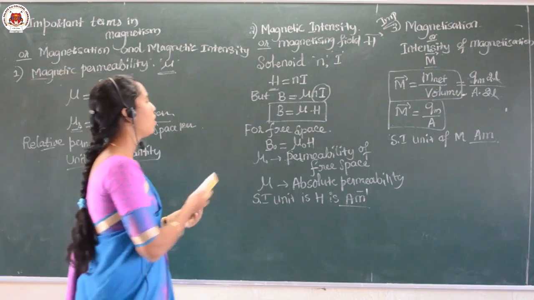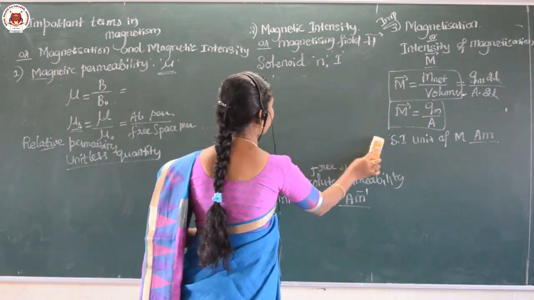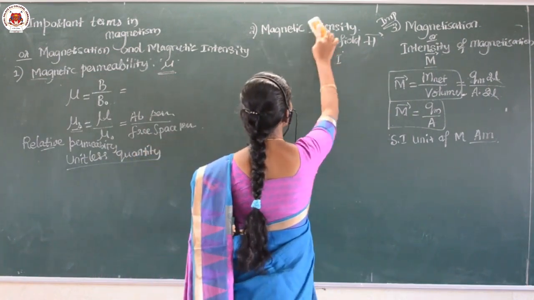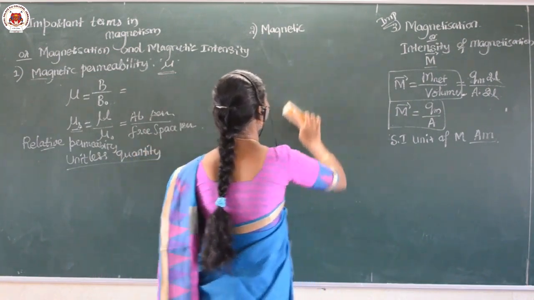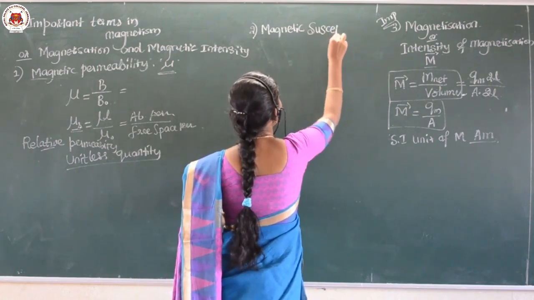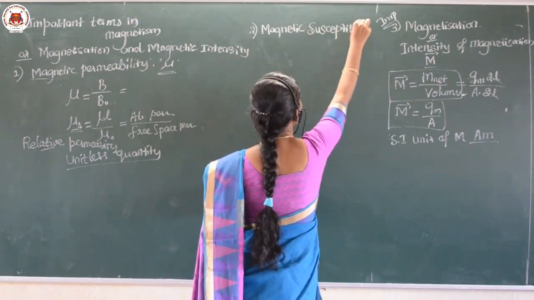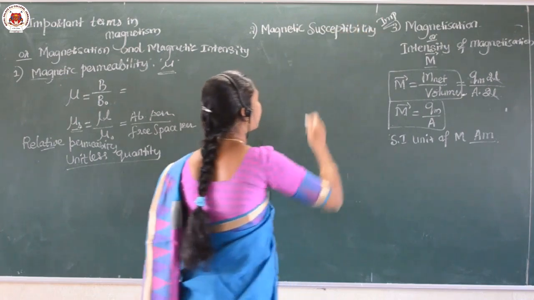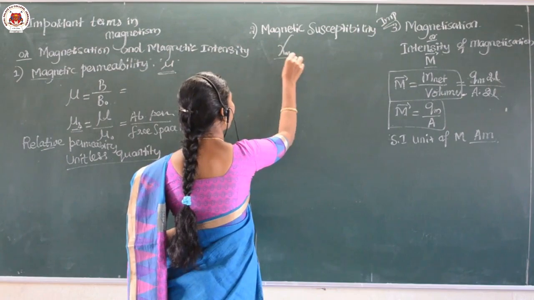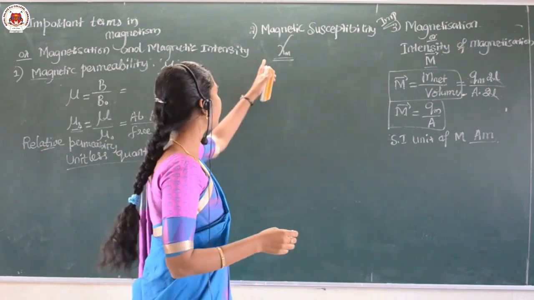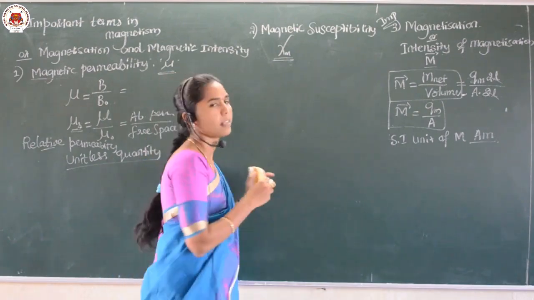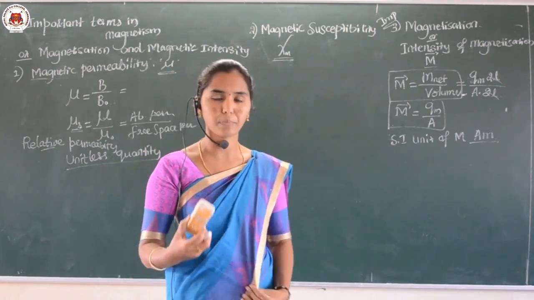And moving to the very important term, that is magnetic susceptibility. The next term is magnetic susceptibility. It is represented by xi m. Xi m means magnetic susceptibility. How to define this? What does the susceptibility explain?